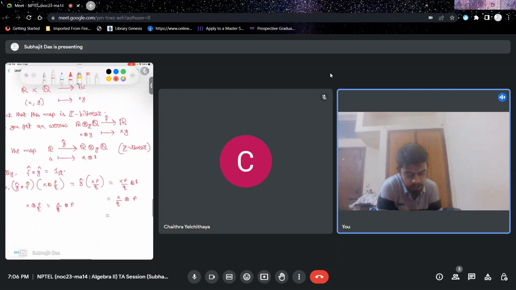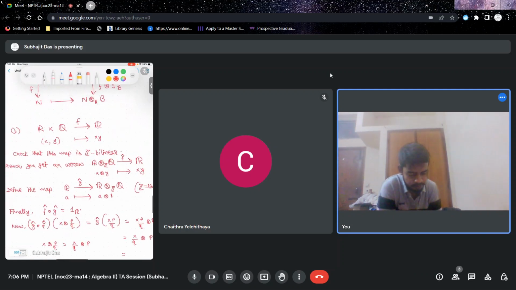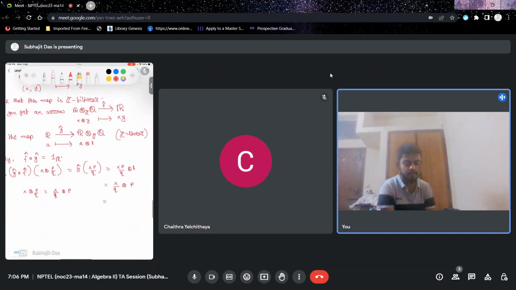I think I took the right maps. Why should these two be equal?